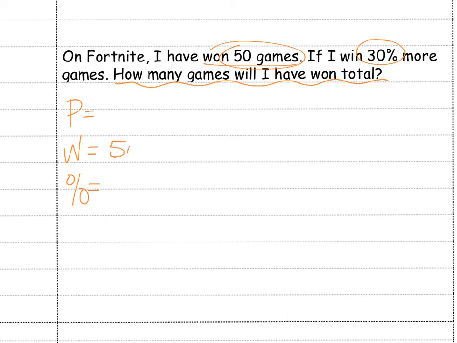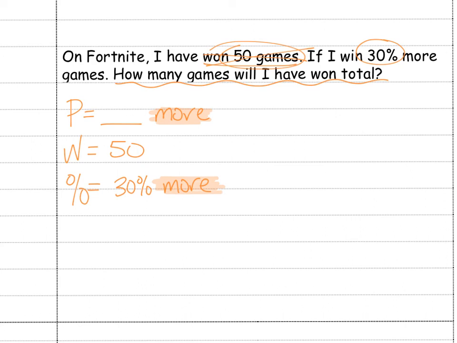That is my current total. I'm working on 30% more. So my part is going to be how many games more do I win? Notice my reasoning for the part and my reasoning for the percent have to match.